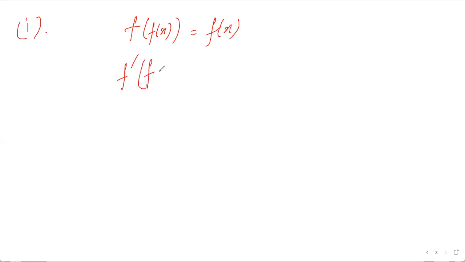Again, for the very first part, there is nothing much. We have f of f of x is equal to f of x, and since f is given to be differentiable, we differentiate this: f dash f of x times f dash x is equal to f dash x.